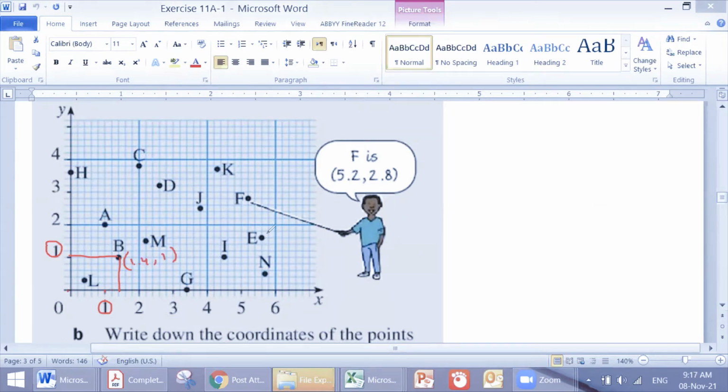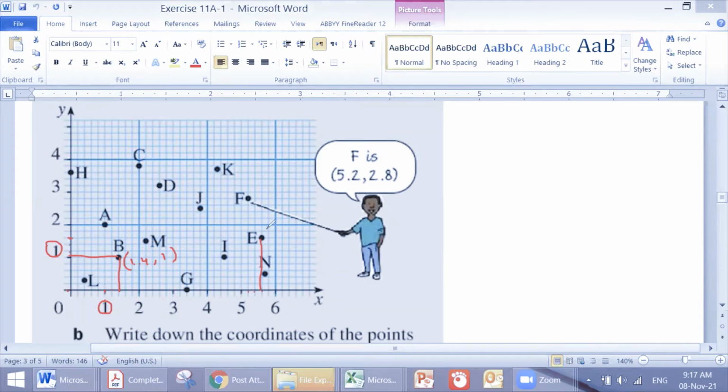And similarly point E, this one: I will draw an imaginary line down. Here, this one is 5.2, 5.4 and 5.6. And if I go to the vertical axis, this is the point, so it will be 1.2, 1.4 and 1.6.